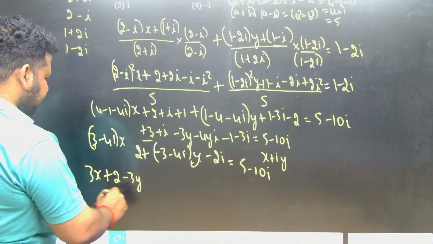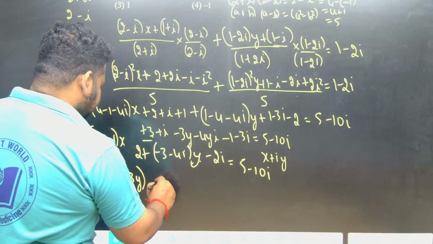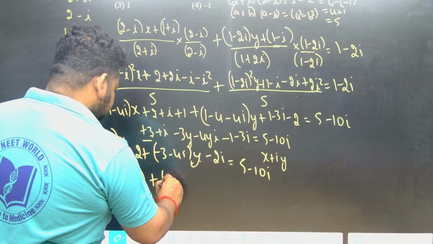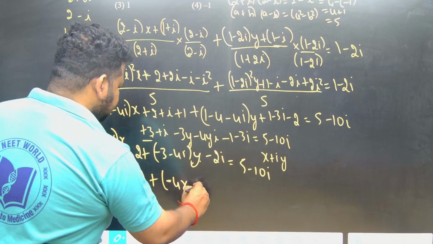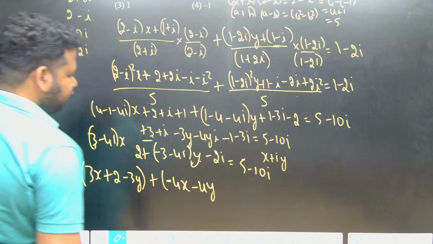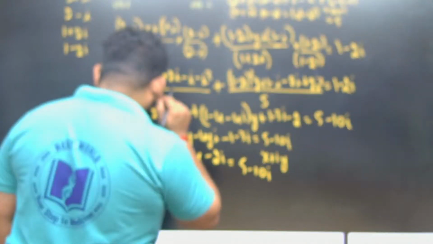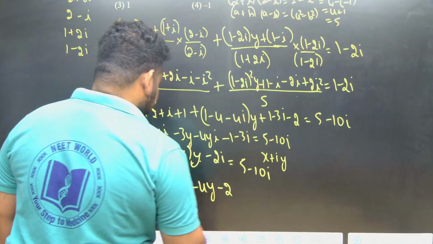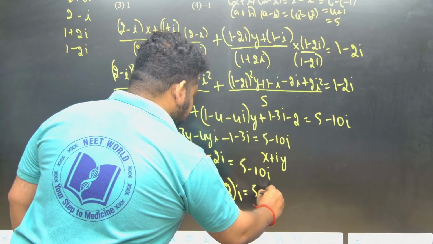Next, if we take the imaginary part, this is minus 4x, and what else is the imaginary part? Minus 4y, minus 2 into i. This is the imaginary part.